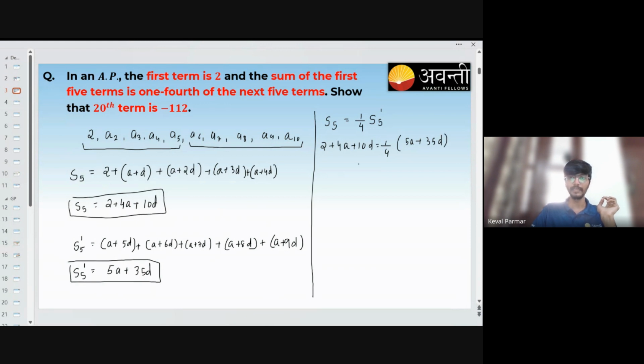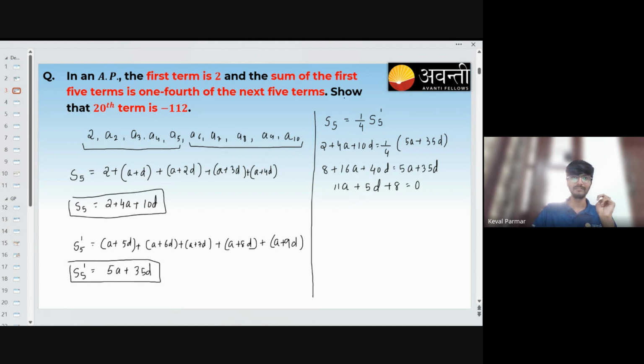Let's cross multiply. So I'll get 8 plus 16a plus 40d is equal to 5a plus 35d. So I'll get 11a plus 5d plus 8 is equal to 0.